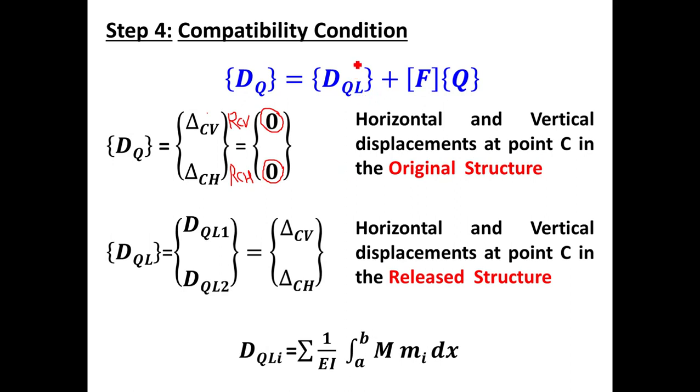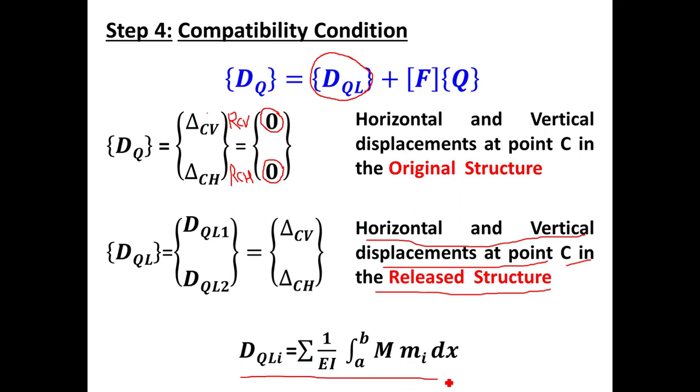Now the second vector involved in the compatibility condition is the DQL matrix. The DQL matrix represents horizontal and vertical displacement at point C in the release structure. Now these displacements we have to calculate. To calculate them, we know that we have to use this integral formula, which we have already used so many times in the beam problems.